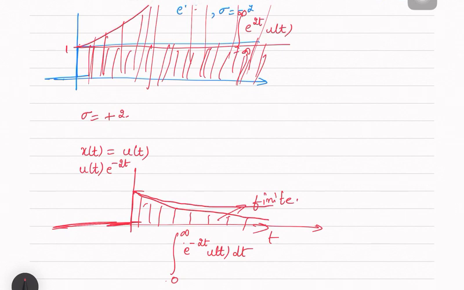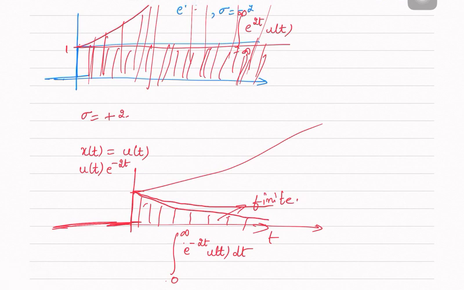It will go to 0, but it will decay more slowly compared to when sigma equal to 2, but the area will still be finite. If sigma is equal to minus 1, then it will go on exponentially growing, and the area will go to infinity. So you understand what is happening here.